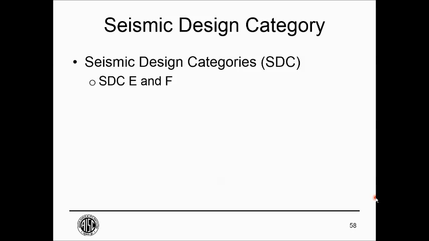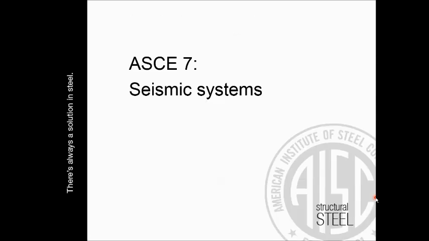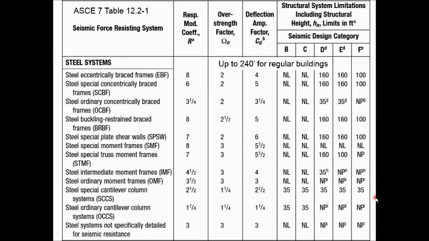Seismic design categories E and F, you have to look out for fault rupture locations, and certain irregularities are not permitted. So here's the table of restrictions by different seismic design categories. There are height limits. There's a footnote here that says you can go up to 240 feet if you have regular buildings. You can look at that in the code on your own.